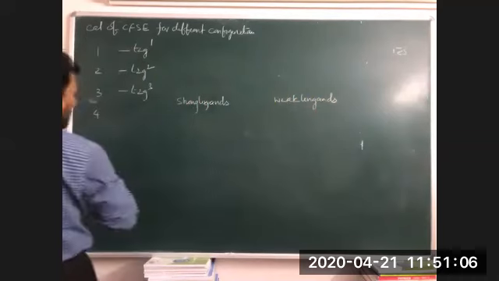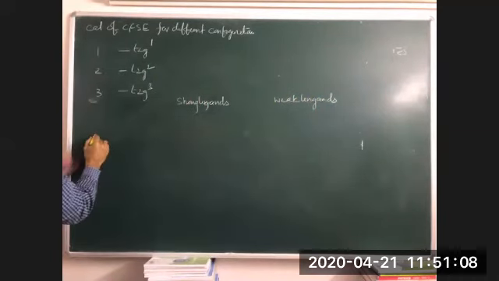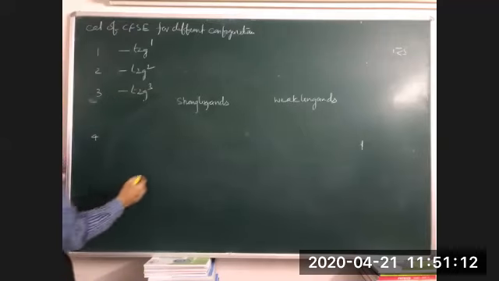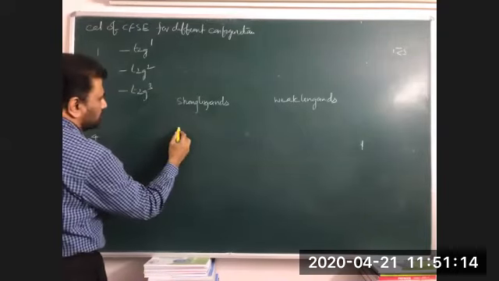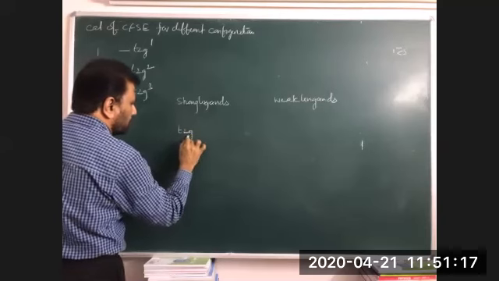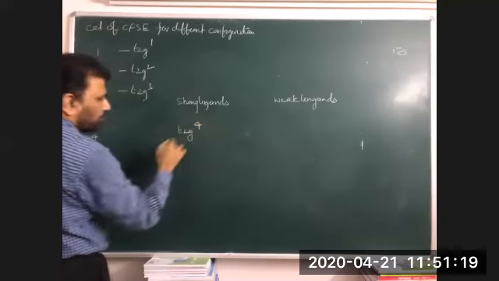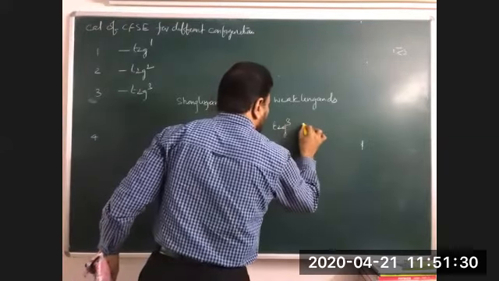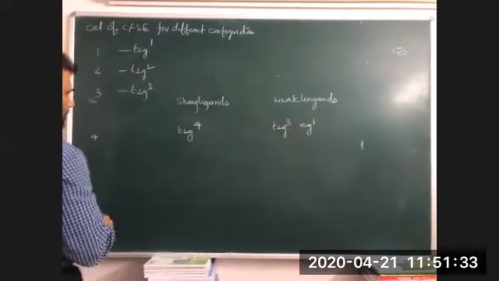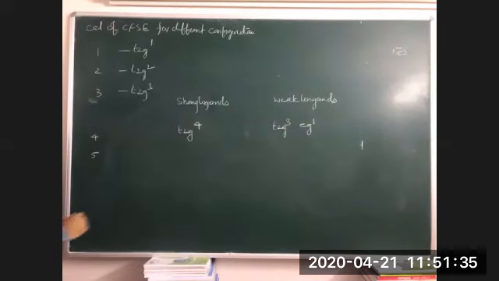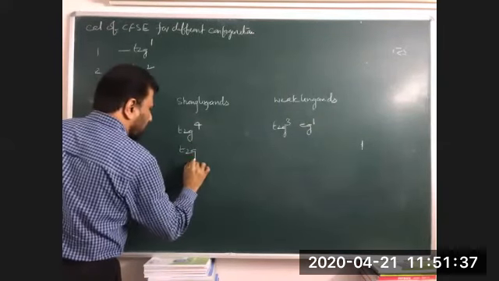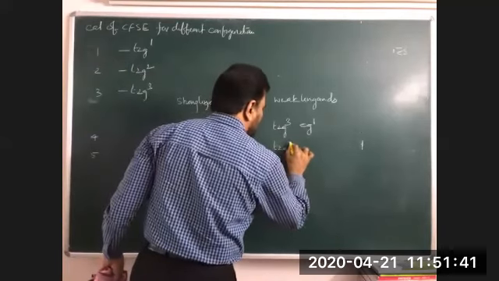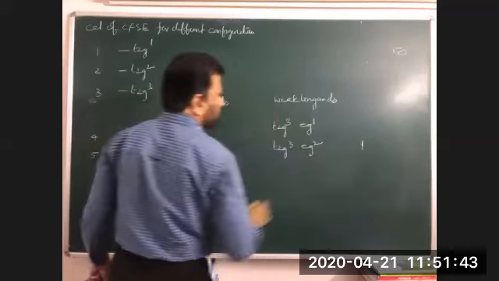Tell me, in case of strong ligands, the configuration is T2G4 because pairing takes place. Weak ligand: T2G3 EG1. In case of the 5th electron, strong ligand: T2G5. Weak ligand: T2G3 and EG2.